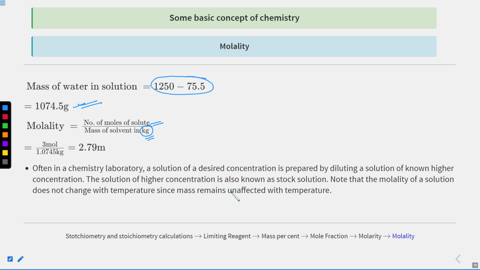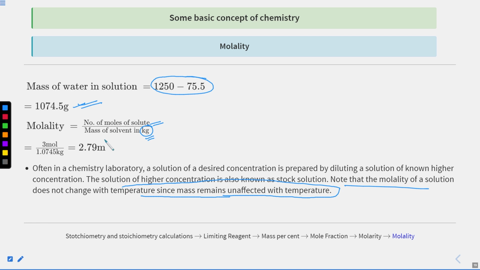The mass of a solution remains unaffected by temperature, while volume changes with temperature. So molarity changes with respect to temperature and is defined for a given temperature. Therefore, we consider molarity rather than molality.